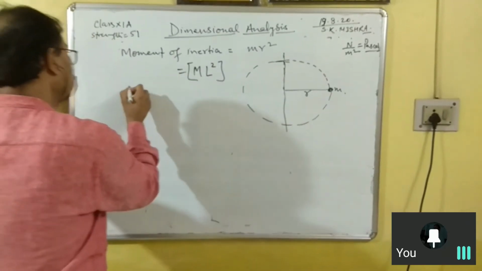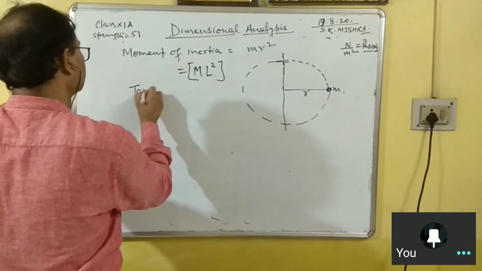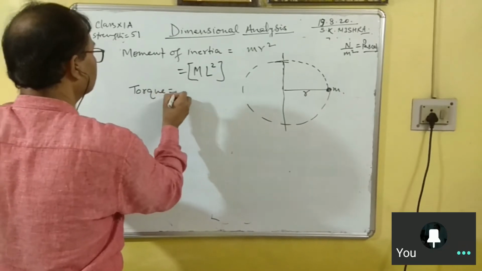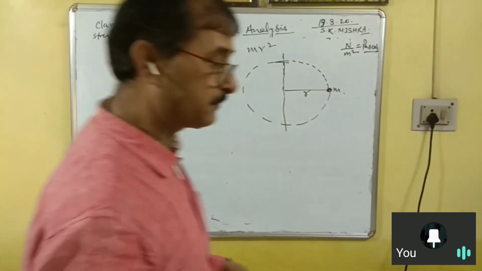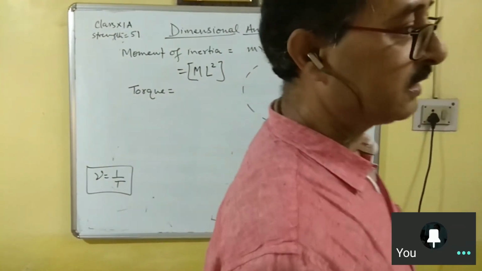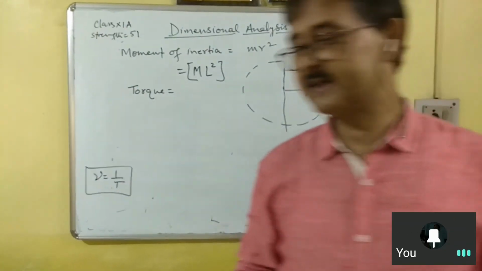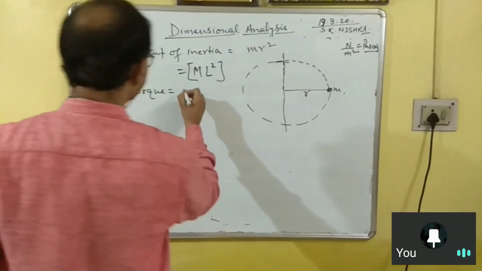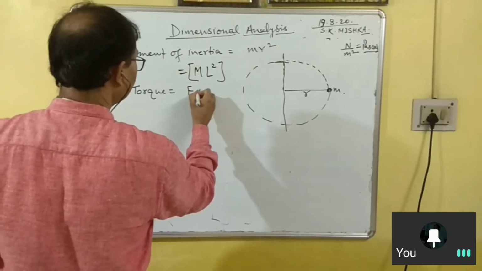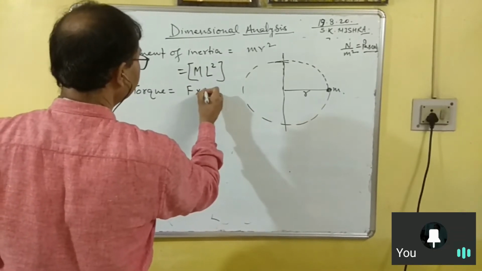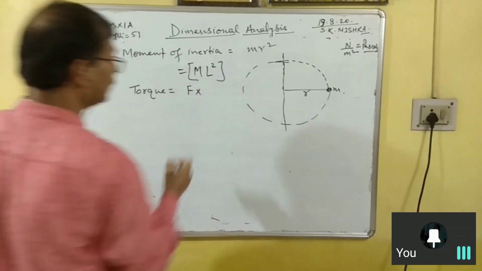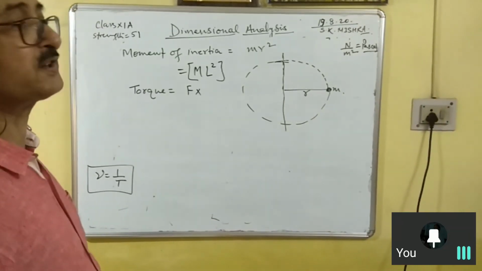Now I am talking about another term, torque, which is moment of force. Torque is equal to force into the perpendicular distance between the line of action of force and the axis of rotation.